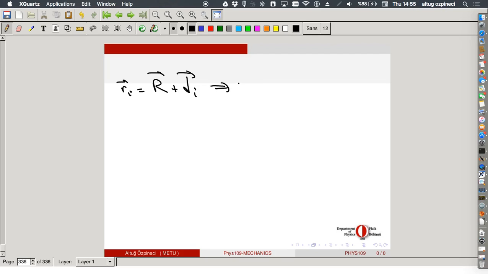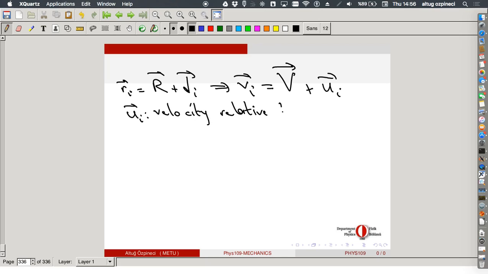But this also tells me that the velocity vi is equal to large V, which is the velocity of the center of the rotation axis, plus, let's call it ui. Ui is the velocity relative to the axis. Now we can write down the kinetic energy. The total kinetic energy will be the sum of 1 over 2 mi vi squared.